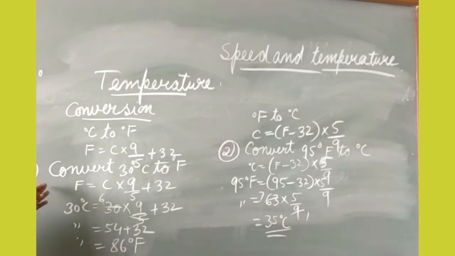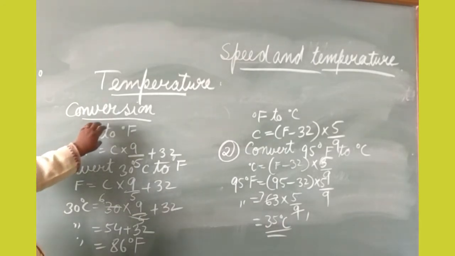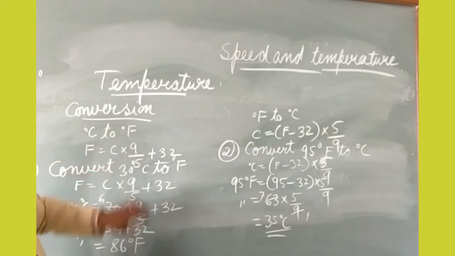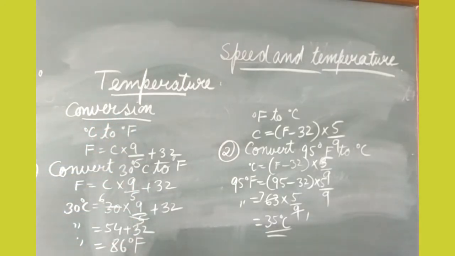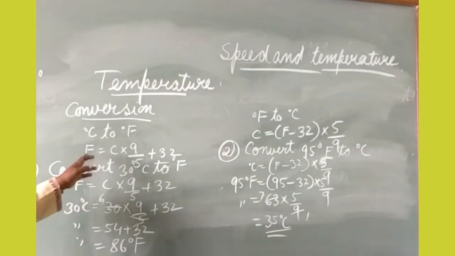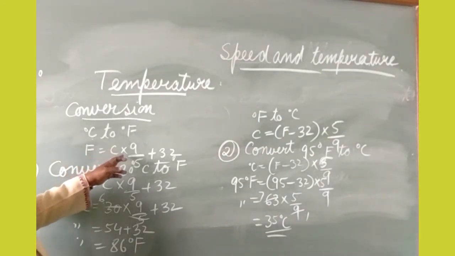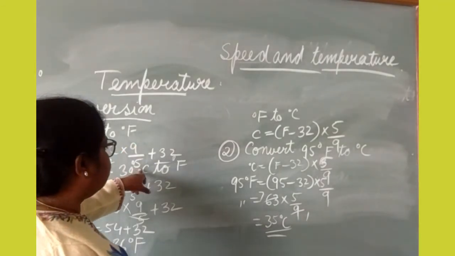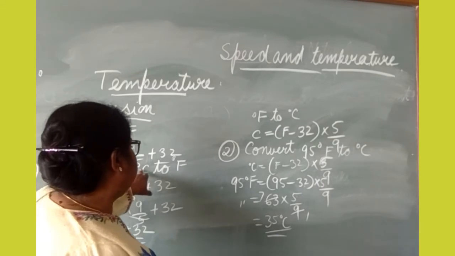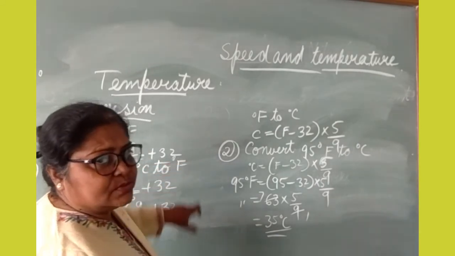And in question number 1, you have to convert centigrade into Fahrenheit. Understood? So here Fahrenheit equals C into 9 by 5 plus 32.